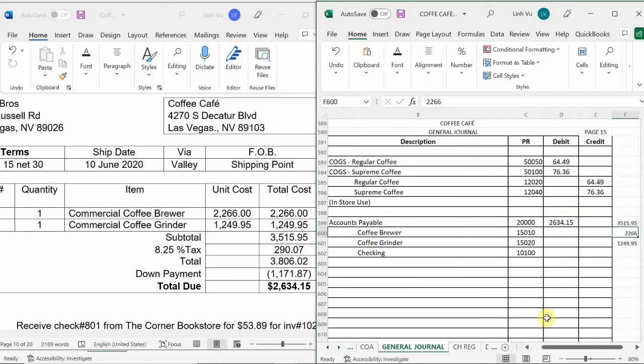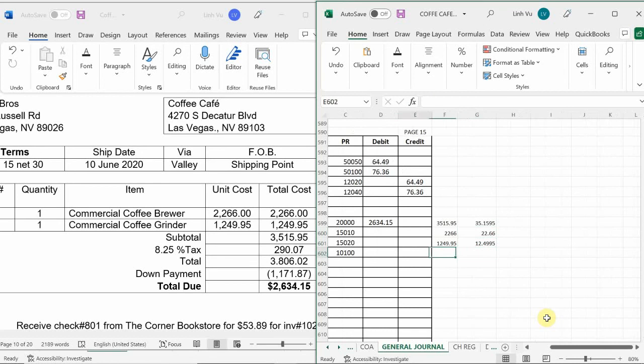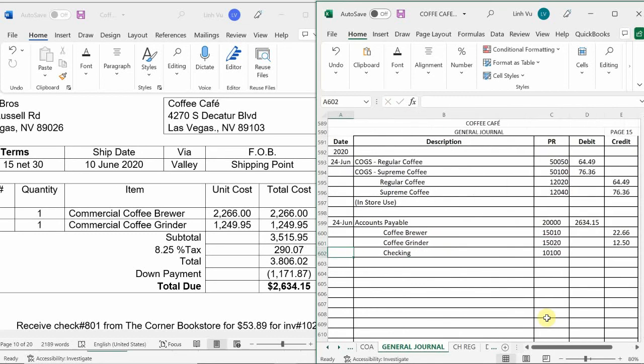And from here, from my calculations, we know we're going to discount my coffee brewer for $22.66. And I'm going to discount my coffee grinder by $12.50. So in this case, how much is my grand total amount that I owe that I'm going to actually pay?